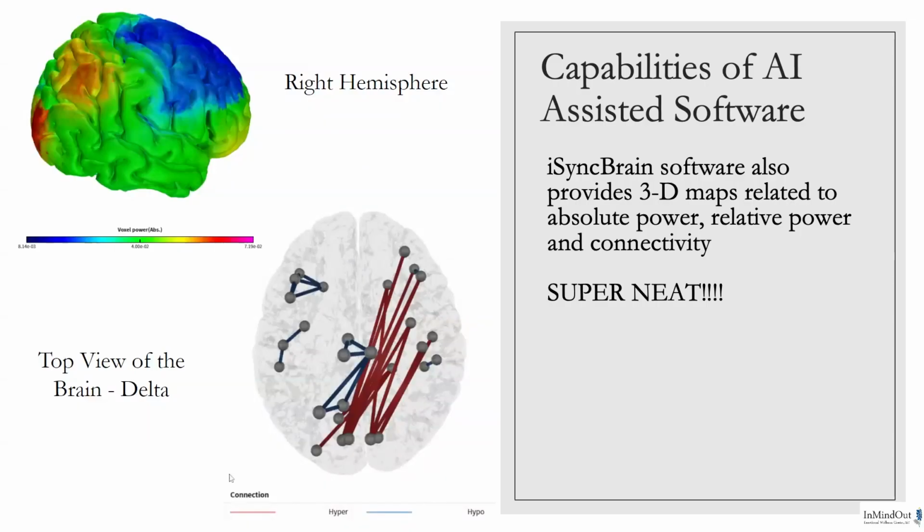Then this is another image of the connectivity in the delta frequency of various locations in the brain. And again, if this was the actual software application, I could rotate this around and see where in the brain this activity or these connections are, or whether this brain is hyperconnected or hypoconnected.